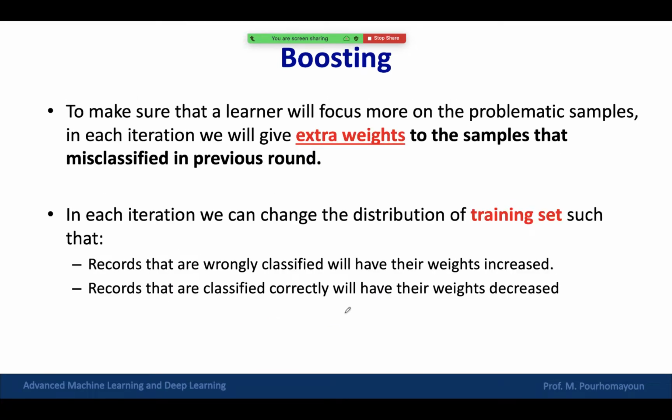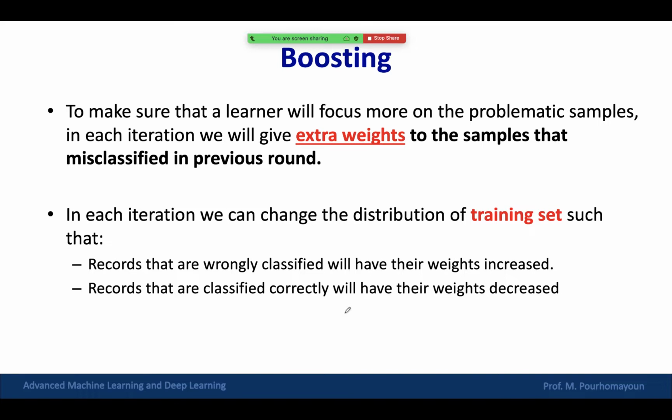So I will show you some pictures to understand the structure of this method. To make sure that a learner will focus more on problematic samples, in each iteration we will give extra weights to the samples that were misclassified in previous rounds.